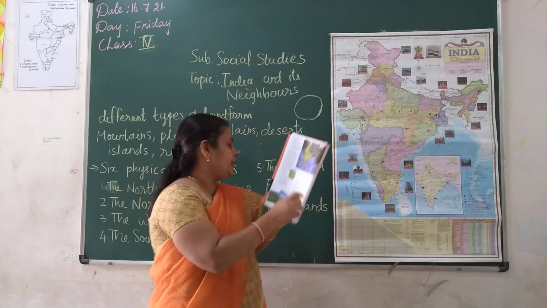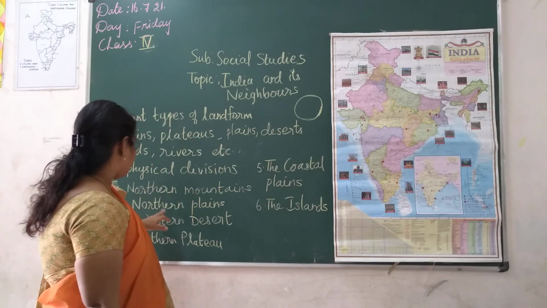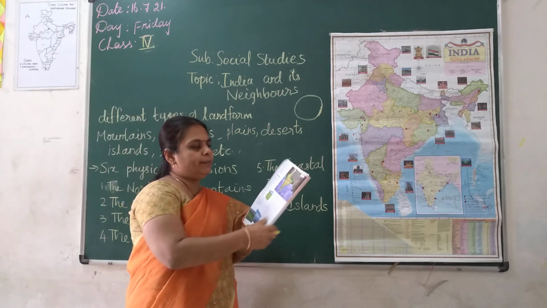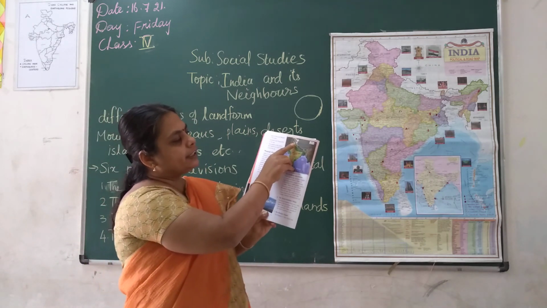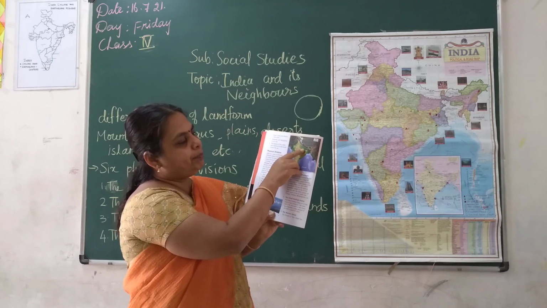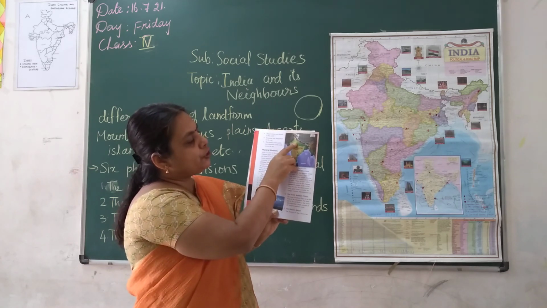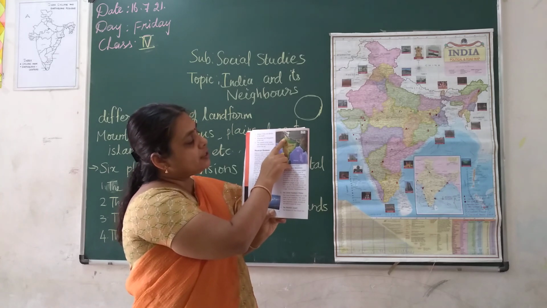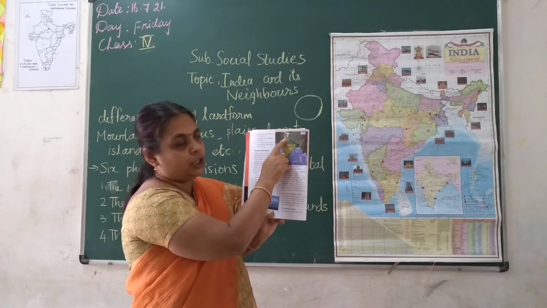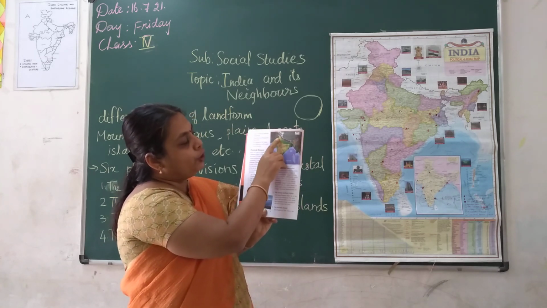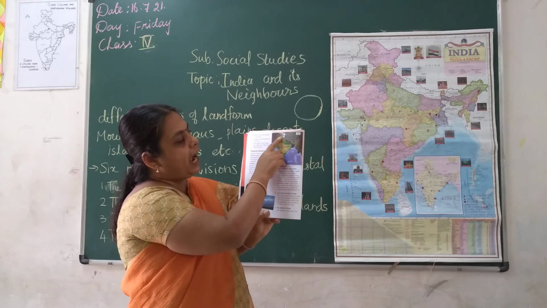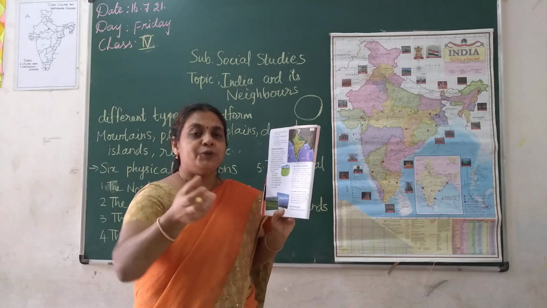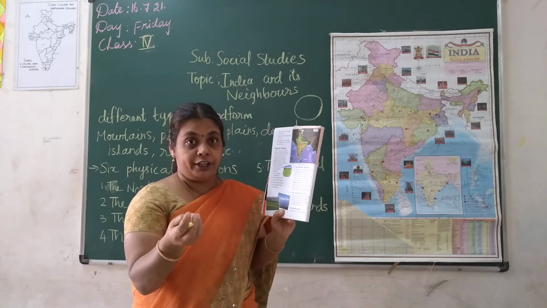The next one is the great northern plains. As the rivers reach the plains, you can observe it is full green, because rivers like Ganga, Yamuna and Brahmaputra flow through these places and make them very fertile. They bring nutrition from the mountains.